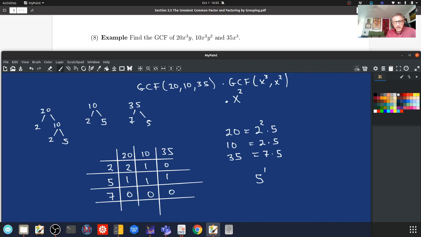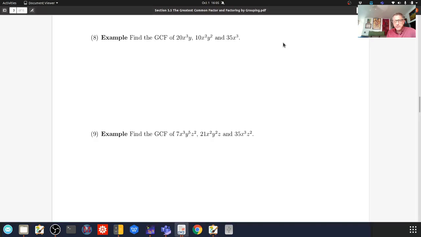And clearly, any row that has a 0 in it, I can just ignore. So it's going to be 5 raised to the smallest of these numbers. So it's 5 raised to the 1. So the end result is the GCF of these three terms is equal to 5 times x squared.